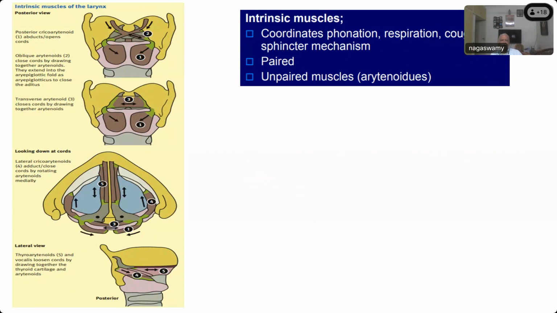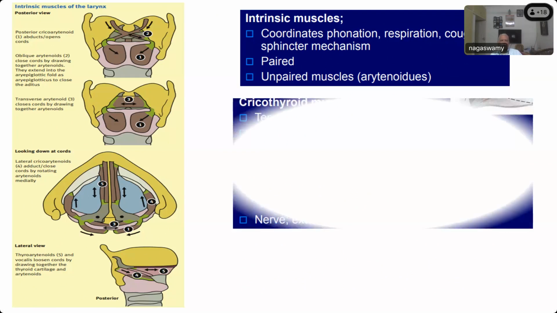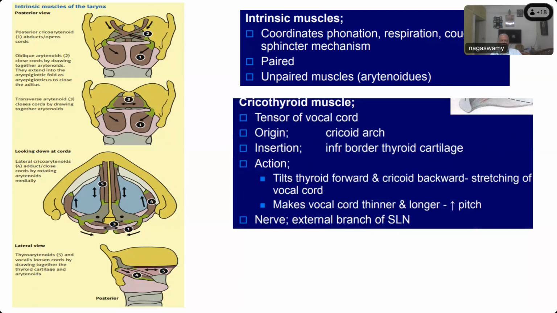So intrinsic muscles coordinate phonation, respiration, cough reflex, and act as a sphincter mechanism. They are all paired muscles. There is only one unpaired muscle, which is called arytenoideus. And the cricothyroid muscle is mainly a tensor of the vocal cord. It originates from the cricoid arch, with insertion into the inferior border of the thyroid cartilage.